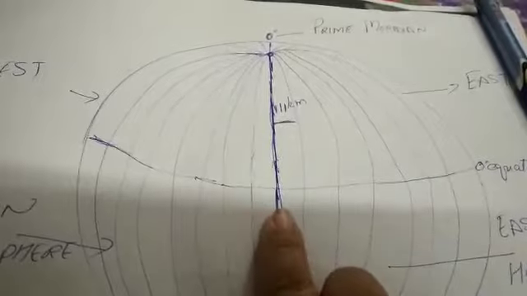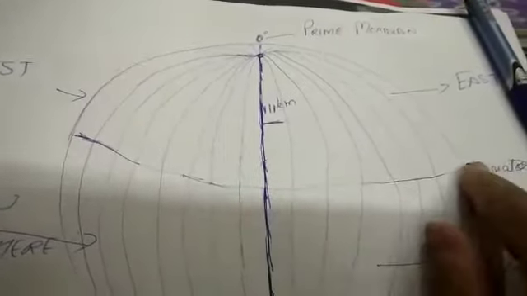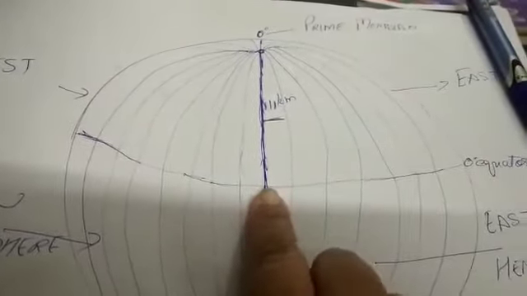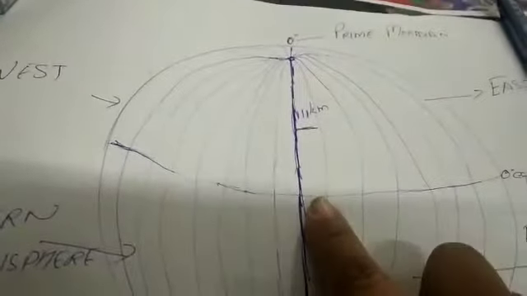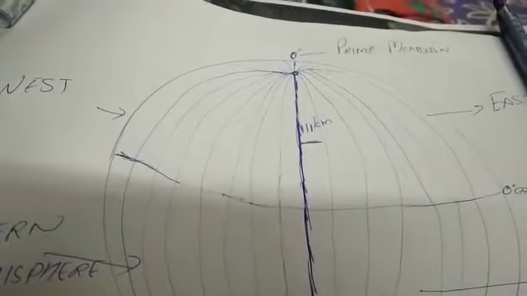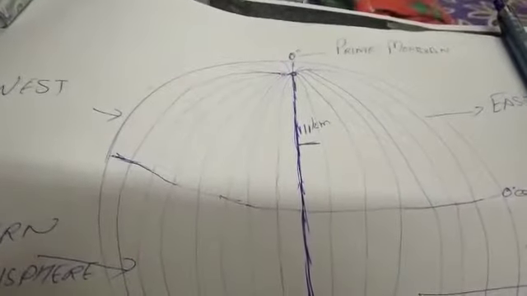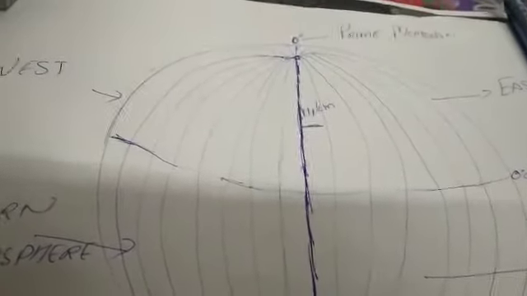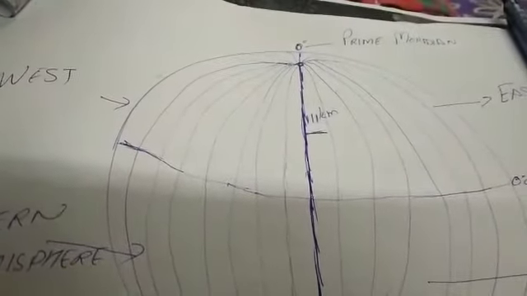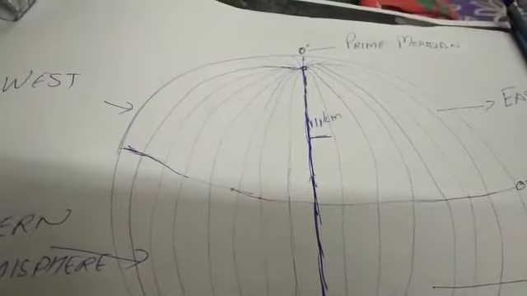I have already told you that. So when you move east, you will gain time, and when you move toward the west, you will lose time. For this, there are formulas that will always be used when calculating the time, and the two formulas are EGA and WLS.